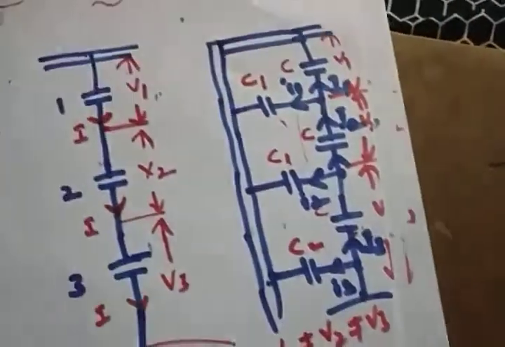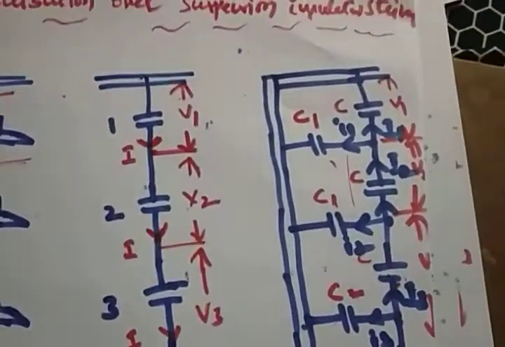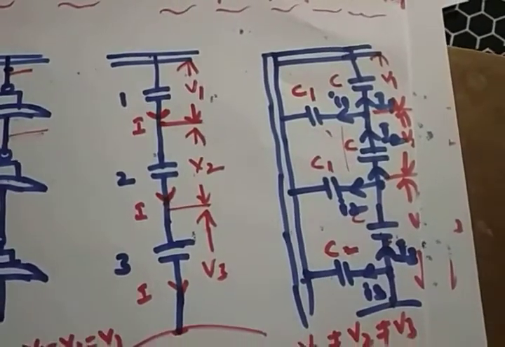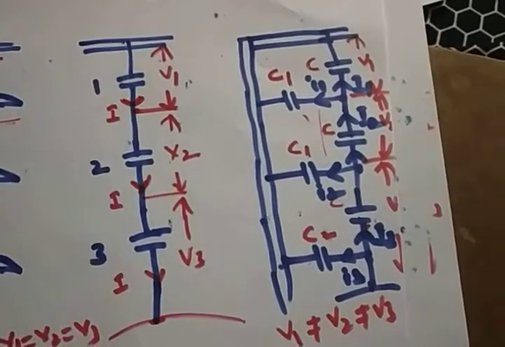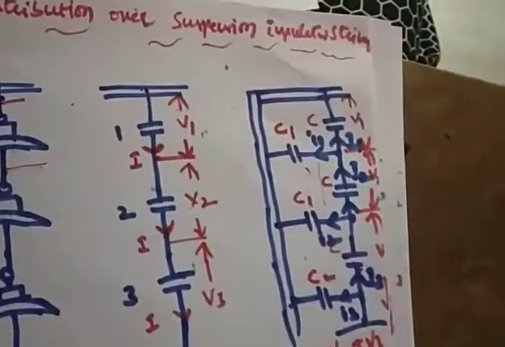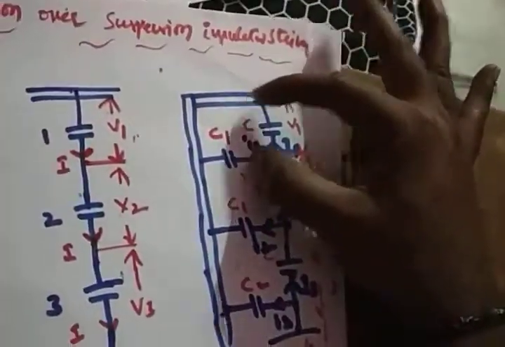So that's our aim: to make each and every disc voltage equal. How can you make this? That's the concept of string efficiency. We need to maintain the string efficiency in suspension type insulators to make each and every disc voltage equal. That's why we need to maintain the string efficiency.